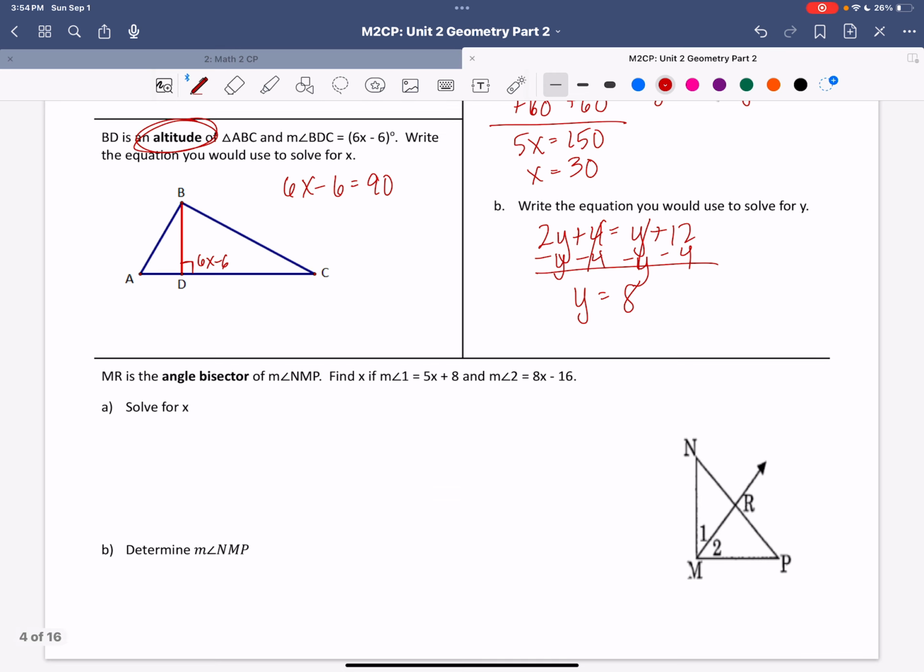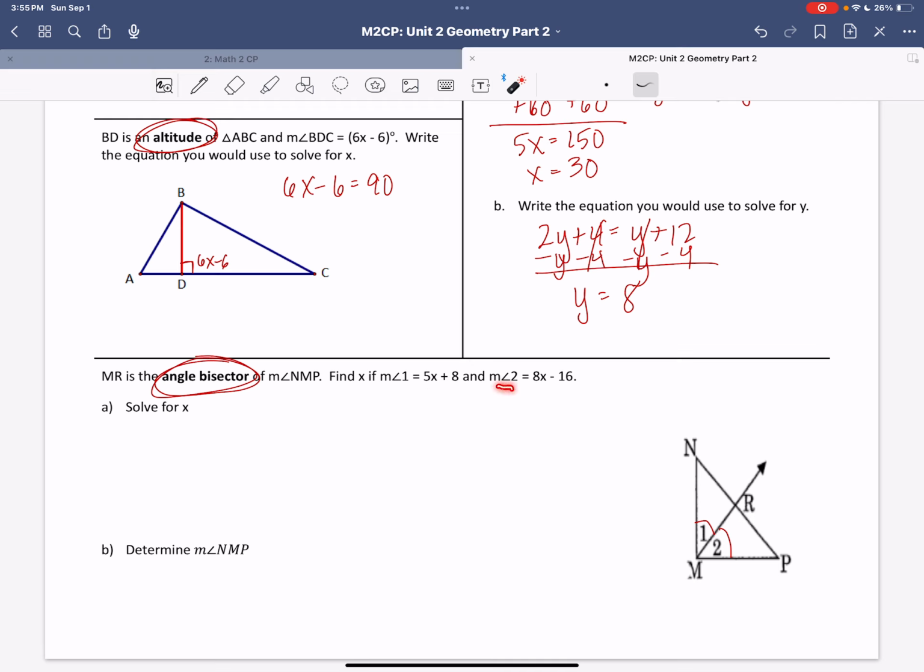All right, and then MR is the angle bisector. So bisector means this angle is going to be congruent to that angle. And you're going to find the measure of angle 1. And this is angle 1 right here. You're going to find x if the measure of angle 1, so this guy, is 5x plus 8.